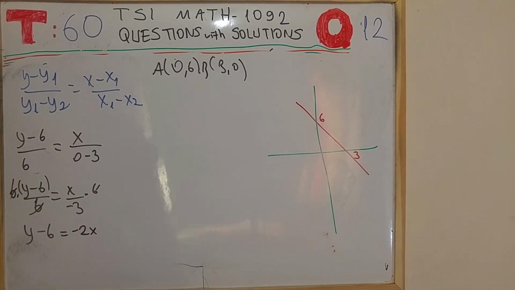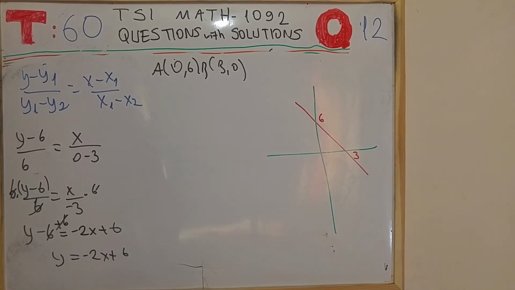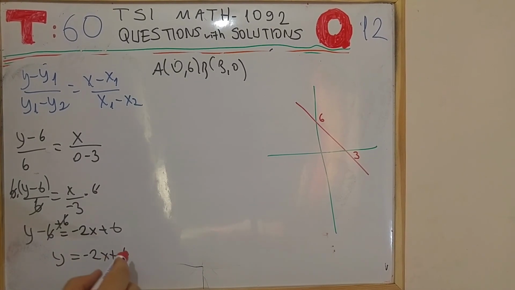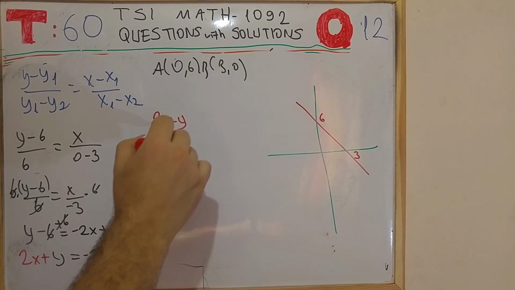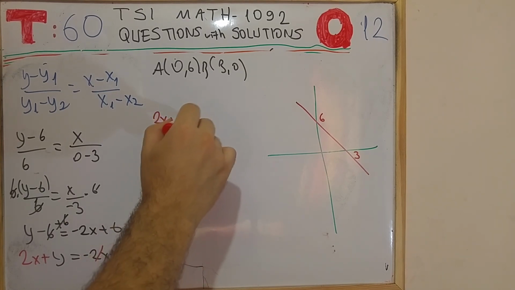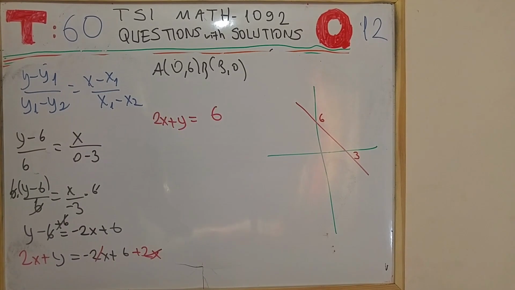So let me add 6 to each side. So what I have is y is equal to minus 2x plus 6. Now let me add 2x to each side too. So what I have is 2x plus y is equal to 6.